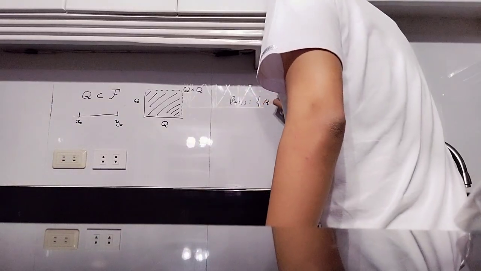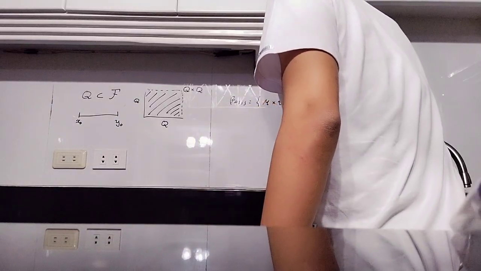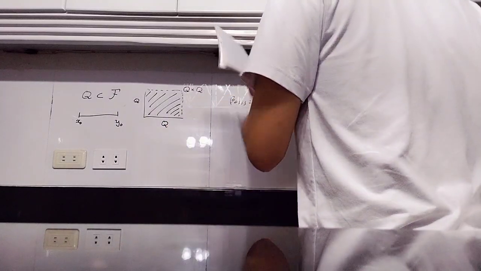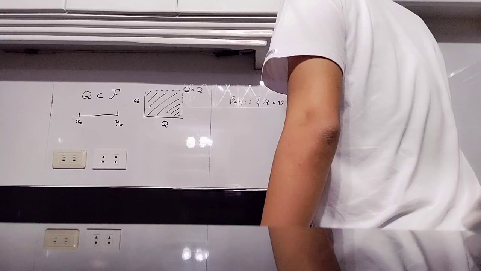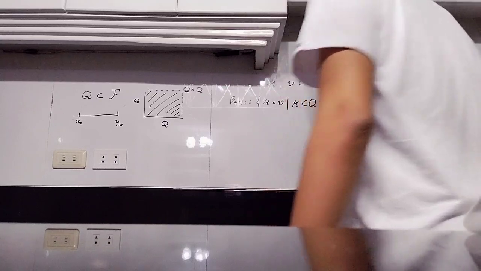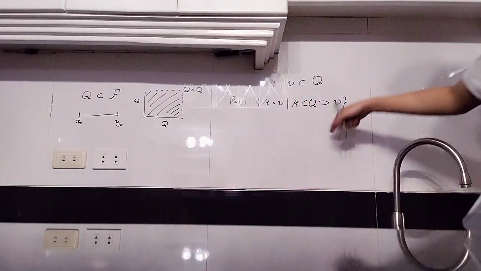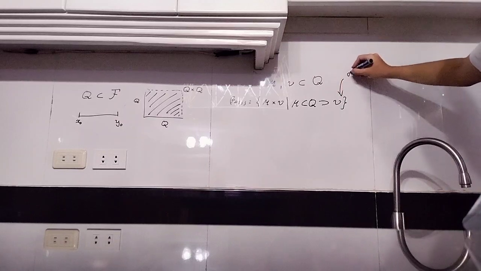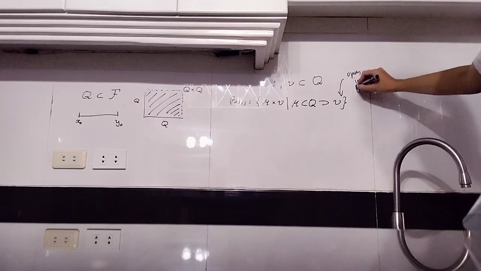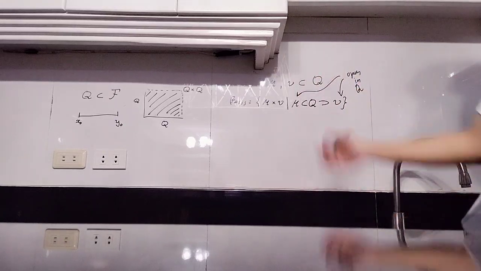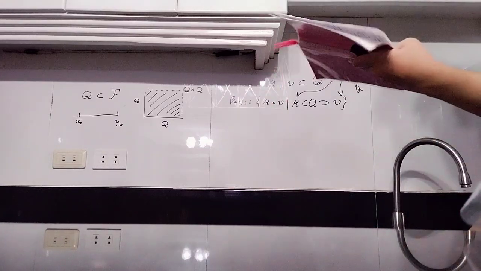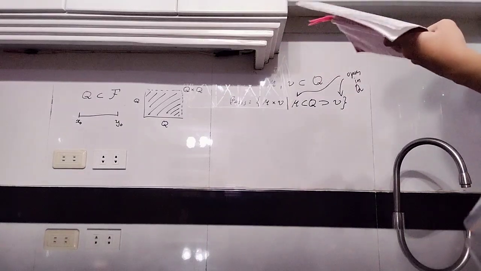So it's all open sets mu cross nu, such that mu is inside Q, and so is nu, and of course those are both open in Q. And that basis generates the product topology of the two.